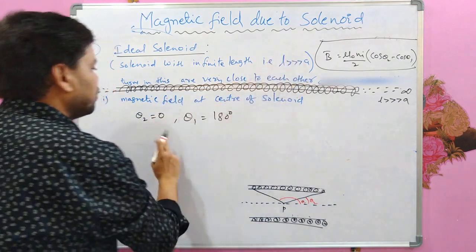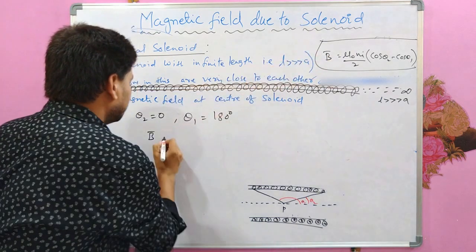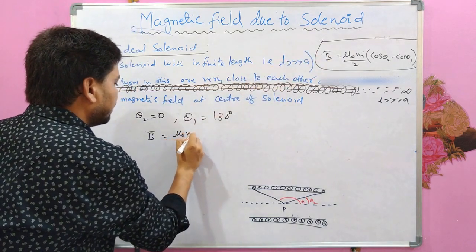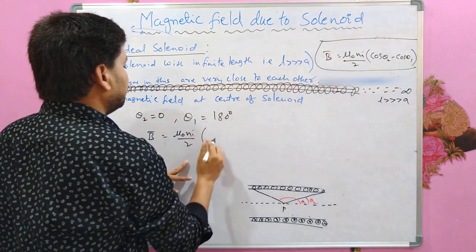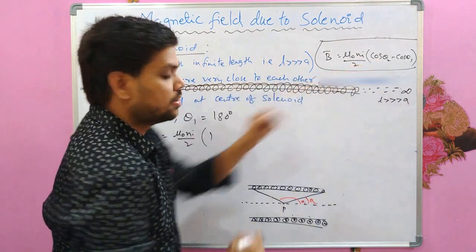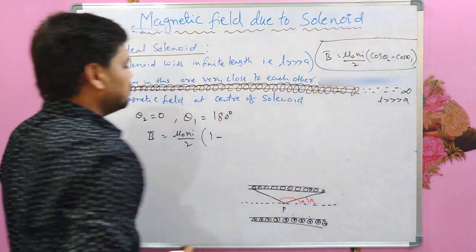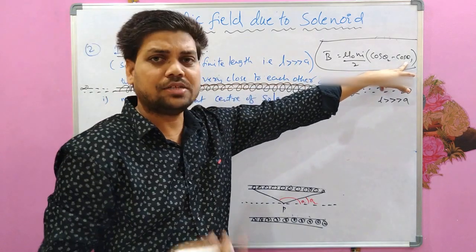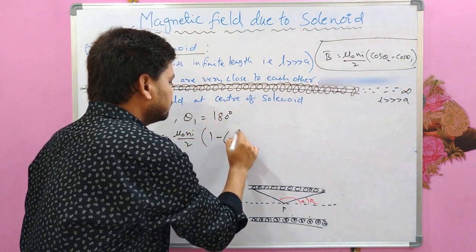If you apply this to that formula, B will be how much? Mu naught Ni by 2 into cos 0, which is 1, minus cos theta 1. Cos 180 is again minus 1.